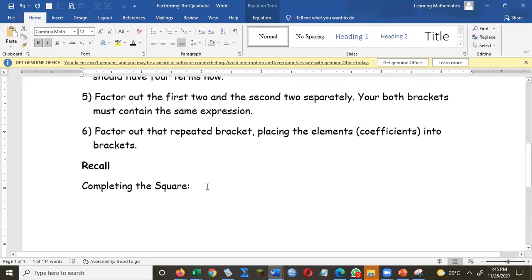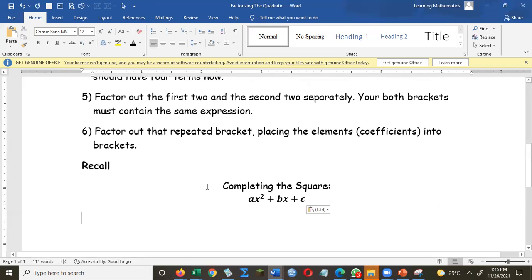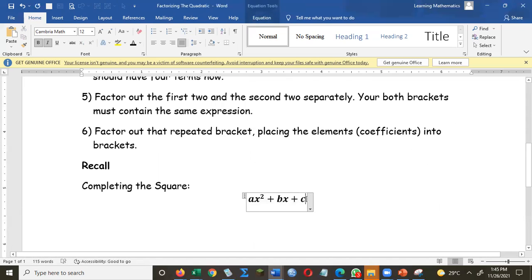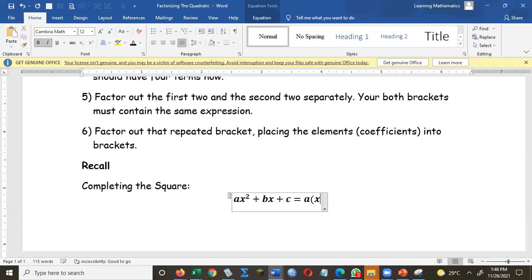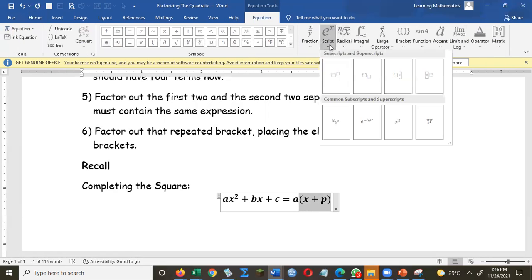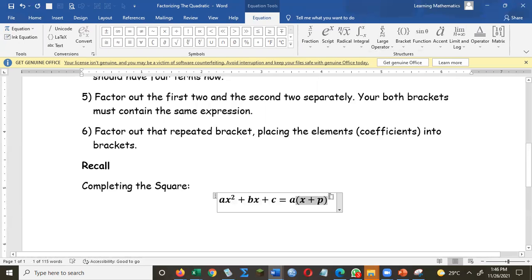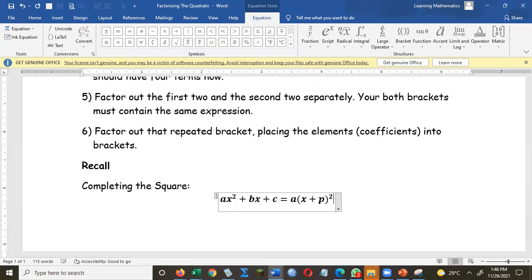You do an operation upon it whereby it was once ax squared plus bx plus c, and it's going to look like a outside of bracket x plus p close bracket all squared plus q.